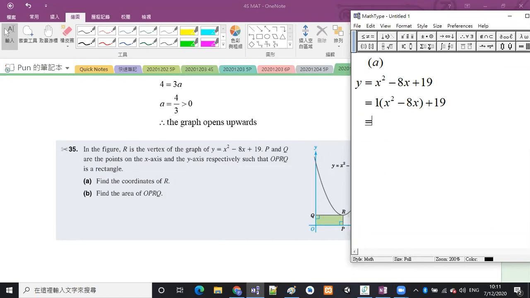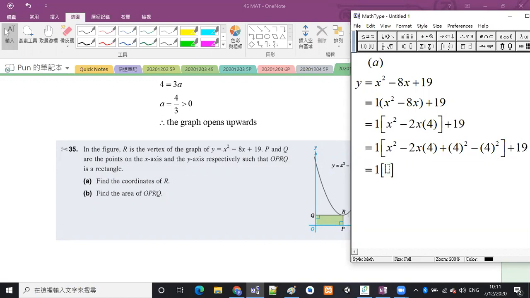Then 1 times x squared minus, I need to write the middle term in the form of 2 times x times y, where y is 4. And then plus 19. So 1 times x squared minus 2xy, and then we plus y squared minus the y squared, plus 19.